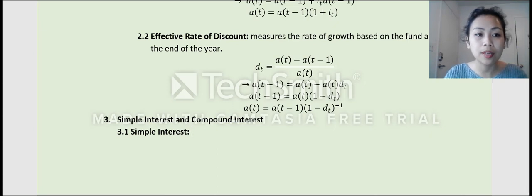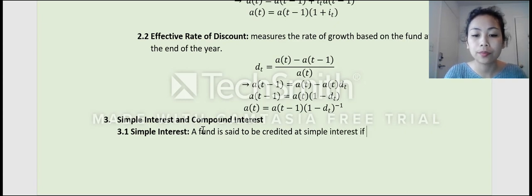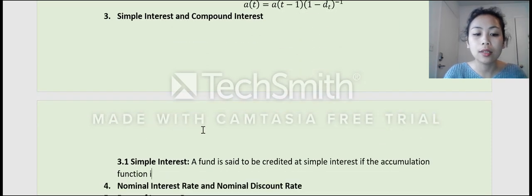In simple interest, a fund is said to be credited at simple interest if the accumulation function is a linear function of t, as below.